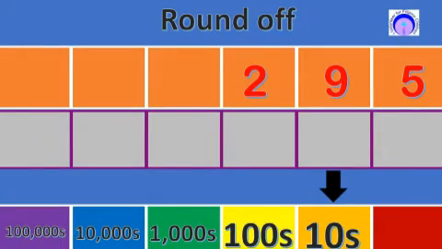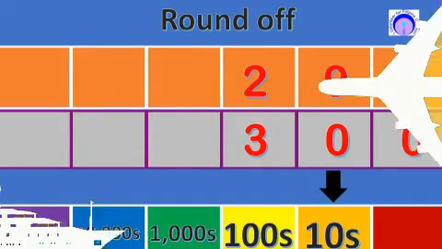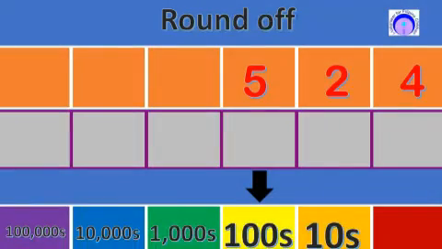Round off this number to the nearest place value indicated by the arrow. The rounded number is. Round off this number to the nearest place value indicated by the arrow.